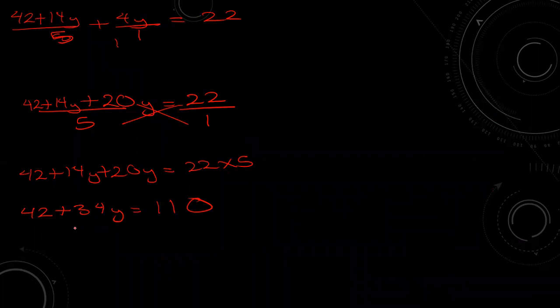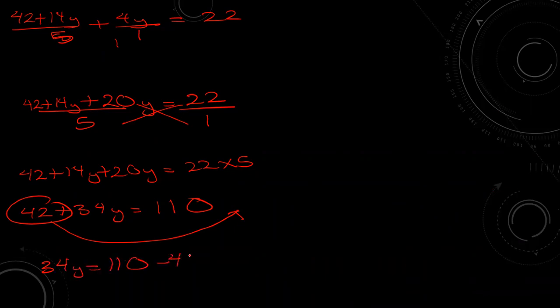All we can do is move 42 to the other side, or subtract 42 from both sides, same thing. 34y equals 110 minus 42. What is 110 minus 42? This will be 68. So 34y equals 68.